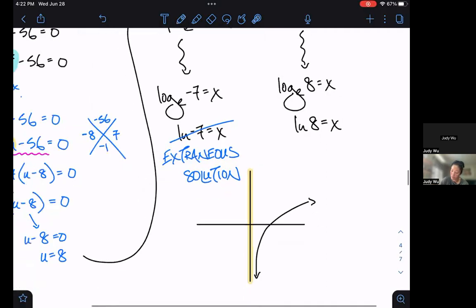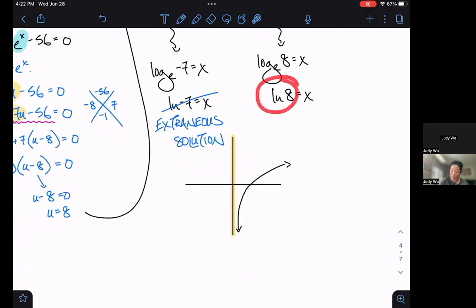However, if we think about natural log of 8, that means it's like, let's say this is over here somewhere, that has a value on the graph, okay? So this x equals natural log 8 is our solution, okay? And we want to leave these in our exact form. We don't want to leave them as a decimal. We'll just go ahead and leave it as an exact form, okay?